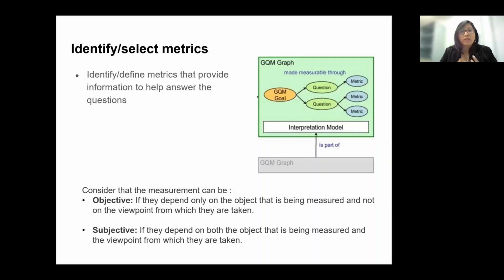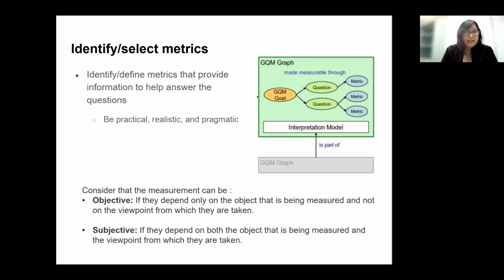And when you identify all these metrics, we can, of course, have many metrics, but according to the resources that you have for conducting your measurement plan, you should select the metrics that are more realistic to be conducted, so according to the resources that you have for conducting the measurement itself.